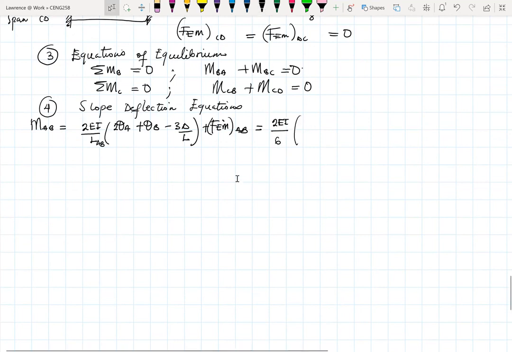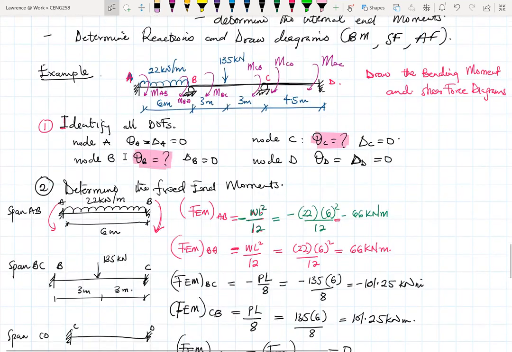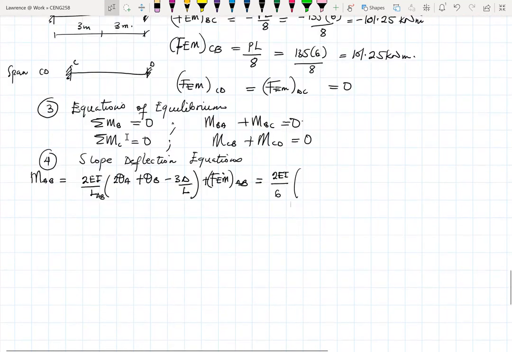From the first step, we mentioned that the slope at A is 0. So theta A is 0, and because of that, this becomes 2 times 0. That's the reason why we need to make sure that we identify all unknown degrees of freedom, because that would inform us as to which one should be 0 or otherwise.